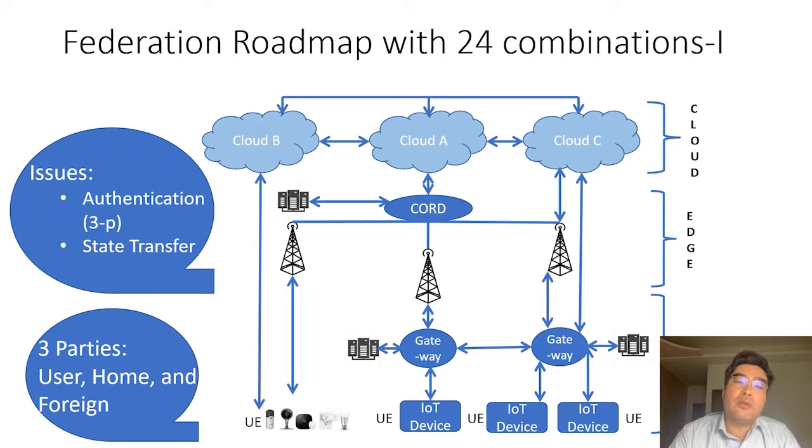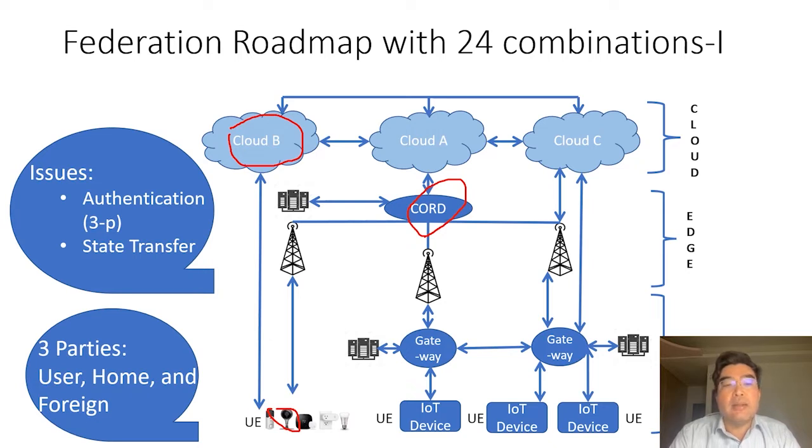Now, as an example, if I have an account on Google, but now I connect to AT&T, and I do not have an account on AT&T, then there'll be three parties here. The first party is the UE, the second party is the home provider, where I have an account, and the third party is the foreign provider, where I don't have an account but I'm connecting to.